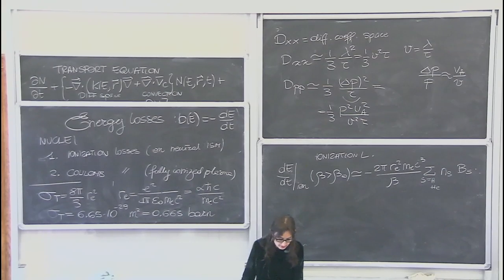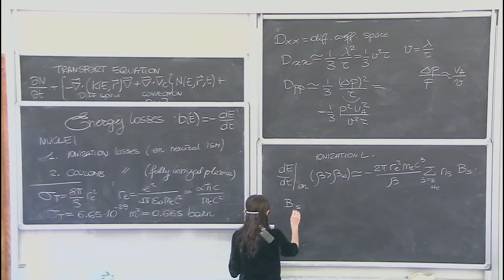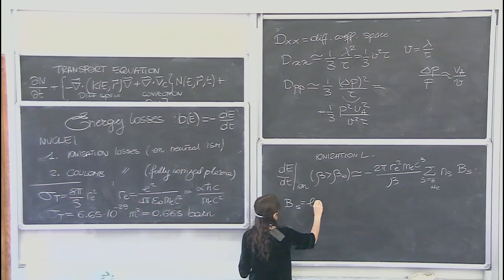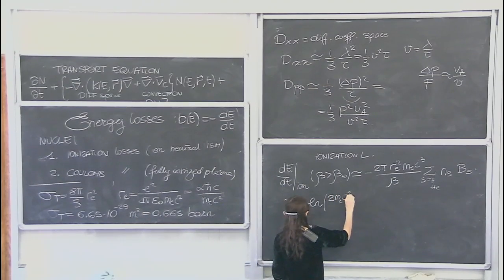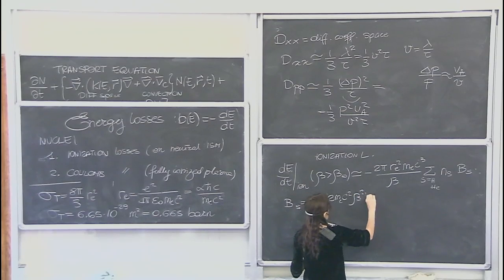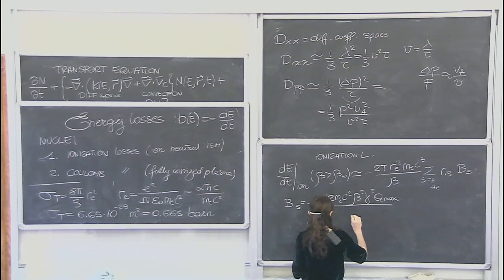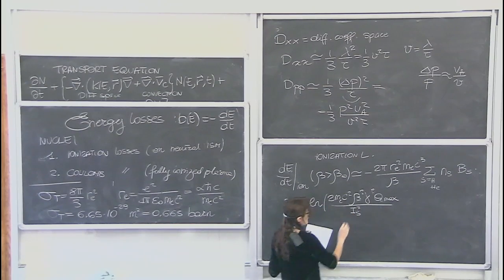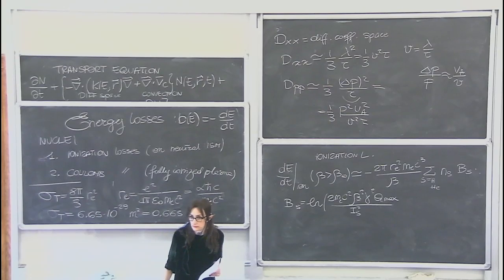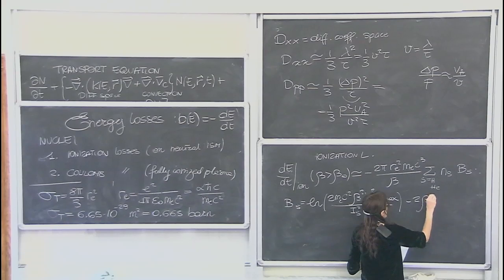And this term, Bs, is instead a pure particle physics term. I just remind you that it goes as a logarithm of 2mc squared, beta squared, gamma squared, some maximum quantity Q, divided by the ionization potential of the scatter centers, minus 2 beta squared.